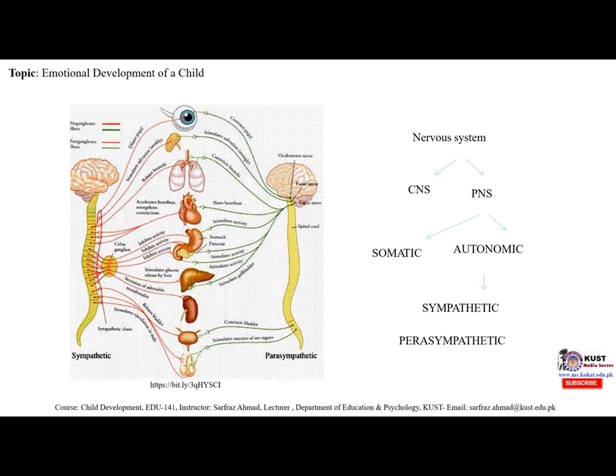Here we can see the nervous system, which is divided into two parts, CNS and PNS. The PNS is also divided into two, somatic and autonomic, and then the autonomic into sympathetic and parasympathetic. This is the nervous system, which is connected with different things, like you can see here the eyes, lungs and kidneys, and everything is connected with some system.